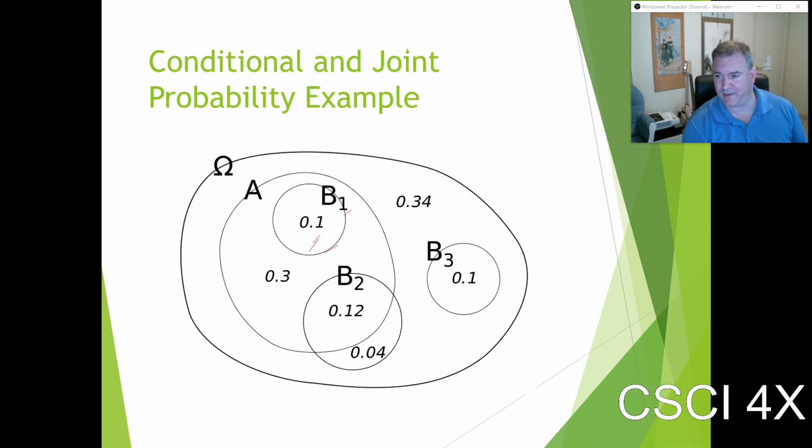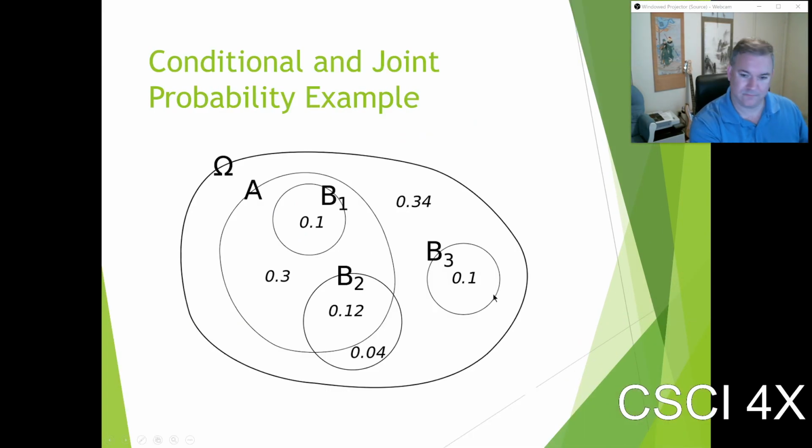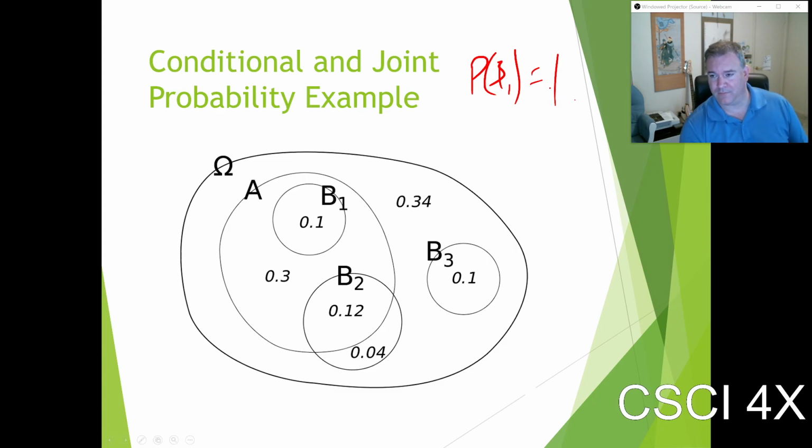So, what is the probability that we get event B1? This is a diagram showing you the percentages of the different things that happen. What are the odds that the event B1 happens? All the probabilities add up to 1. So the probability of B1 is not a trick question, it's 0.1. So there's a 10% chance.